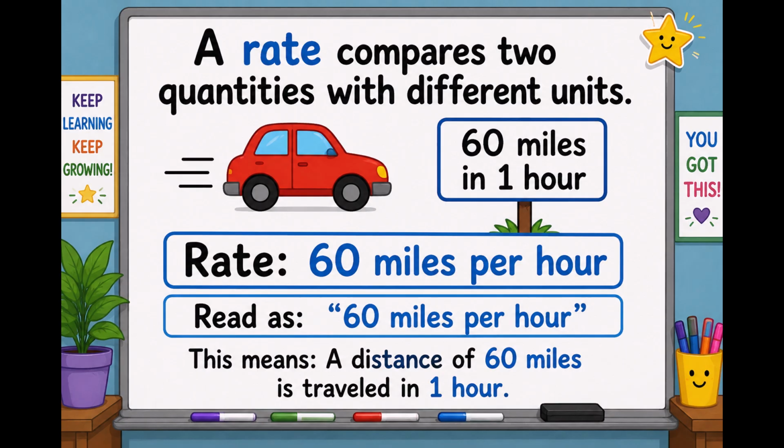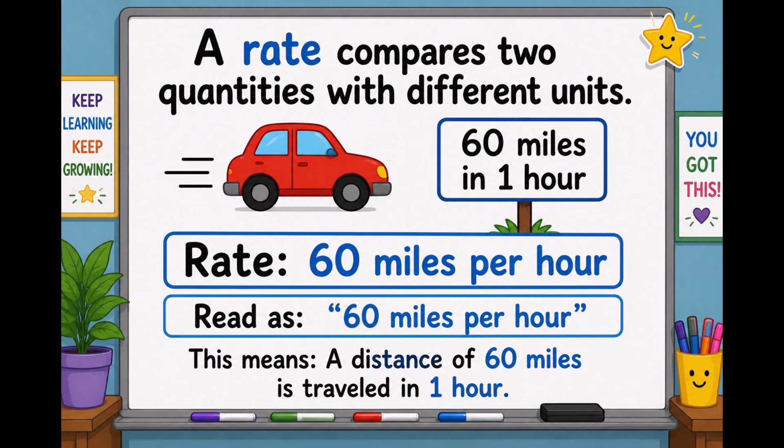So now let's think about some real life examples, okay? So rates are used every single day. Some common rates that we come across, not with the exact numbers, but with the understanding that we're speaking about rates, would be like 60 miles per hour when traveling, $5 per notebook when buying something, 20 words per minute if we're typing or reading, 3 gallons per minute.